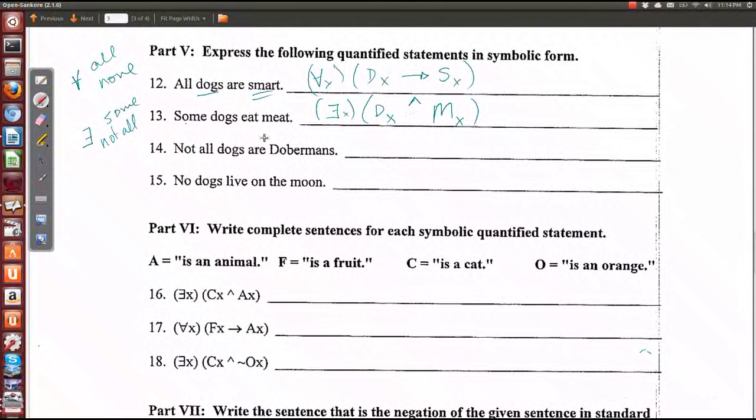So let's take a look at number 14. Number 14 says not all dogs are Doberman. Not all means some dogs are not Doberman. And I really need to think of that sentence as a negation.